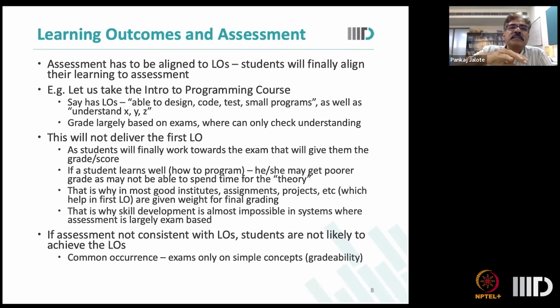While we may desire to teach them a lot of things, may even genuinely teach them, the grade is exam based, we do a midterm and a final, and if it is a university exam, there is a final. These are largely going to be on the concepts, and that's what students therefore learn. And that's one of the reasons why just 20-30% of our engineers have engineering capability. They just learn the concepts and master how the exams are to be taken.